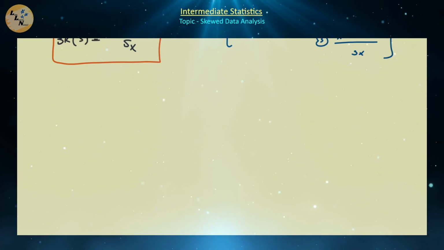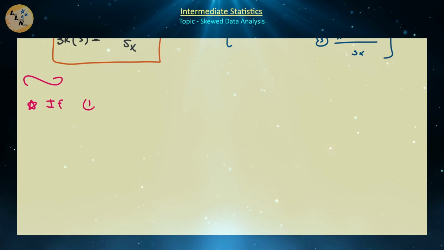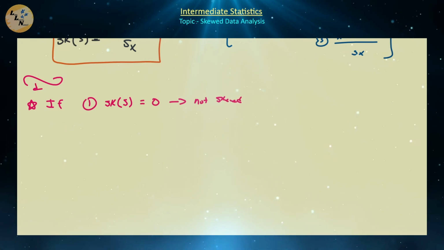So with this definition, what kind of things can we build? If 1, the skewness coefficient of our data set is equal to 0, that means the mean is equal to the median. Therefore, we will define this data set as not skewed. One can think of these as definitions.